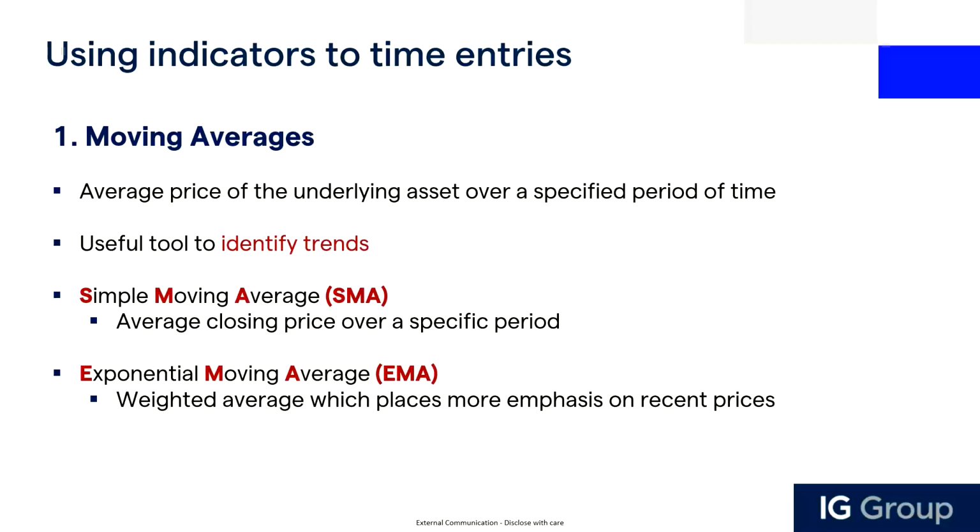So the first thing we want to do is a confirmation using moving averages. Moving averages are very useful, and very popularly used by all traders. So if you're new to trading, please try to explore a bit more into moving averages. Moving averages are actually the average price of an underlying asset over a specific period of time. Exactly what period of time is up to you to set.